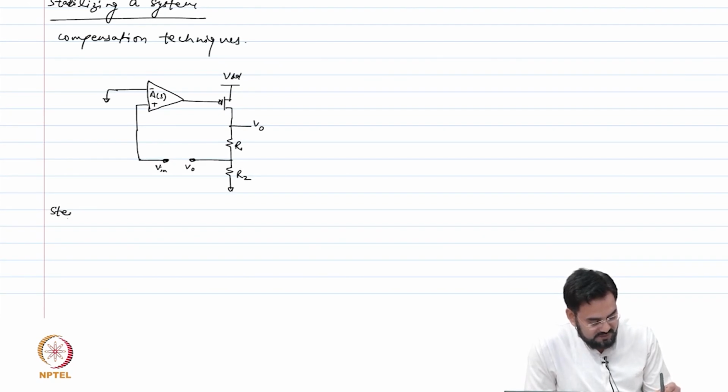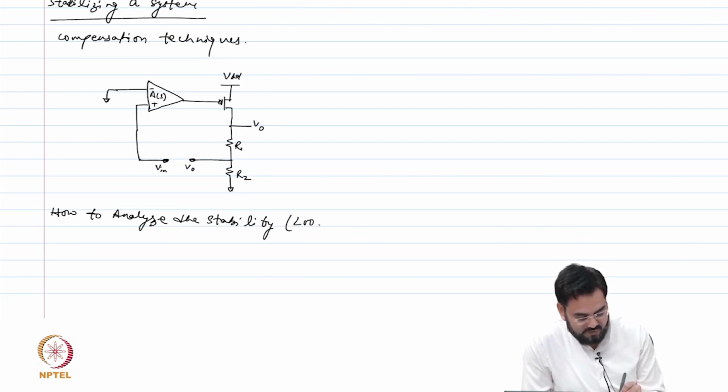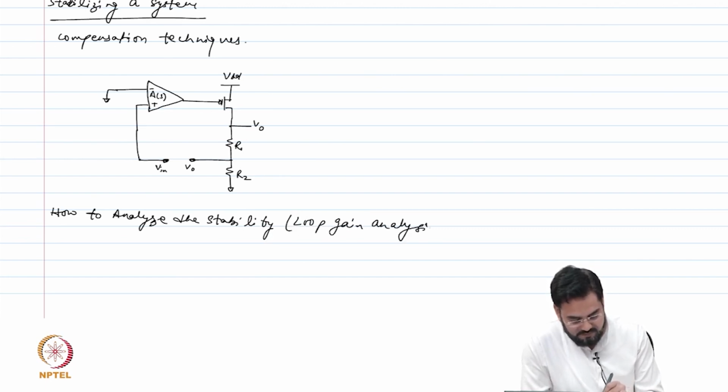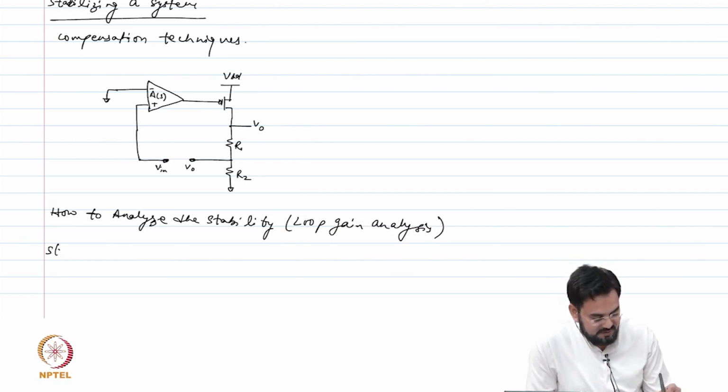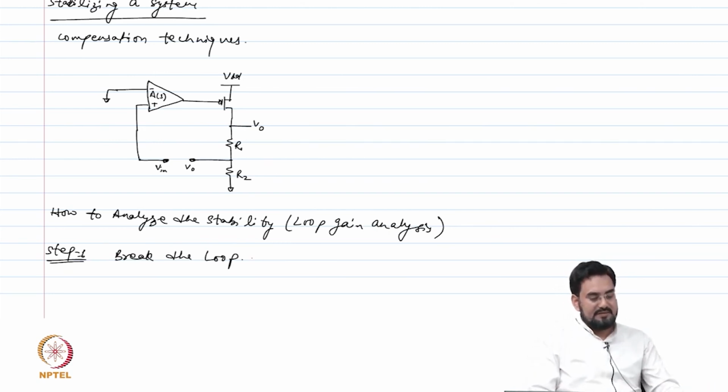So, step 1. So, how to do loop gain analysis. So, step 1, break the loop. Okay.